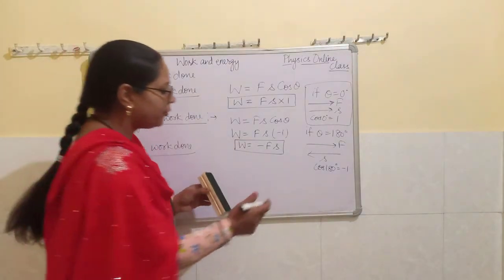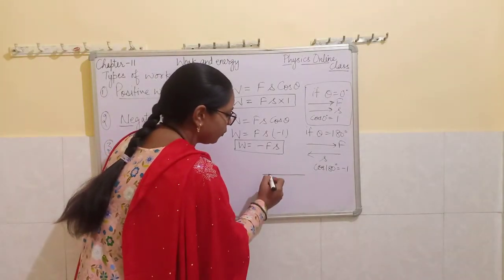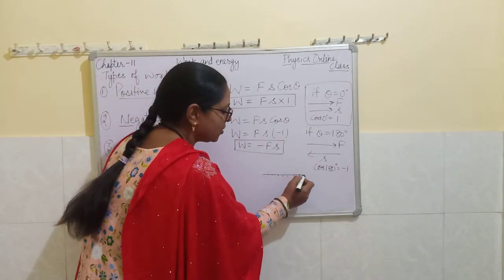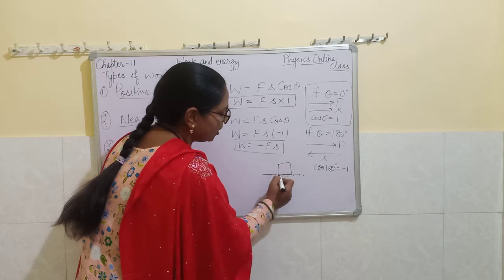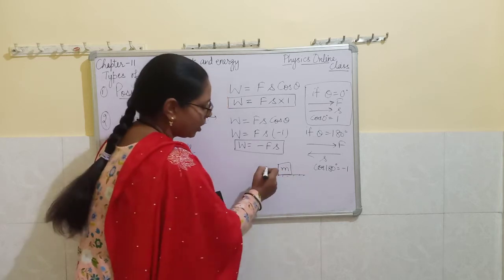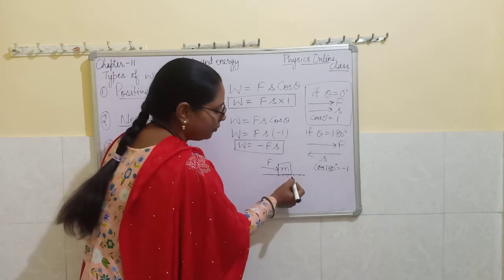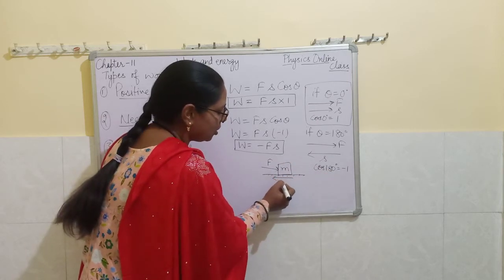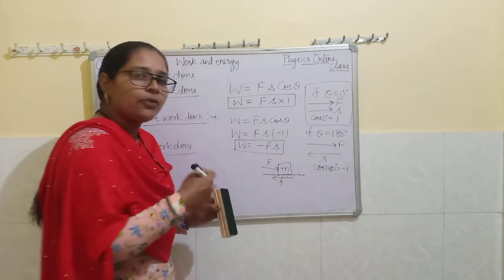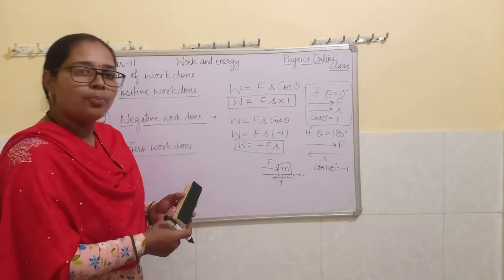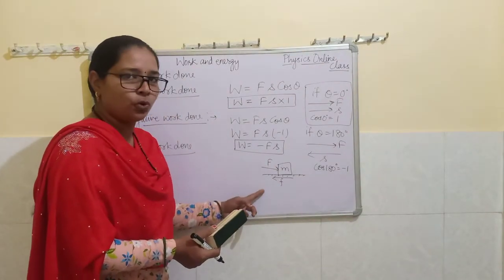As we know, friction is the opposing force. Suppose this is a rough surface and we are displacing a body here. We applied a force F in this direction, but the frictional force exists in opposite direction. Frictional force हमेशा opposite होता है applied force के.